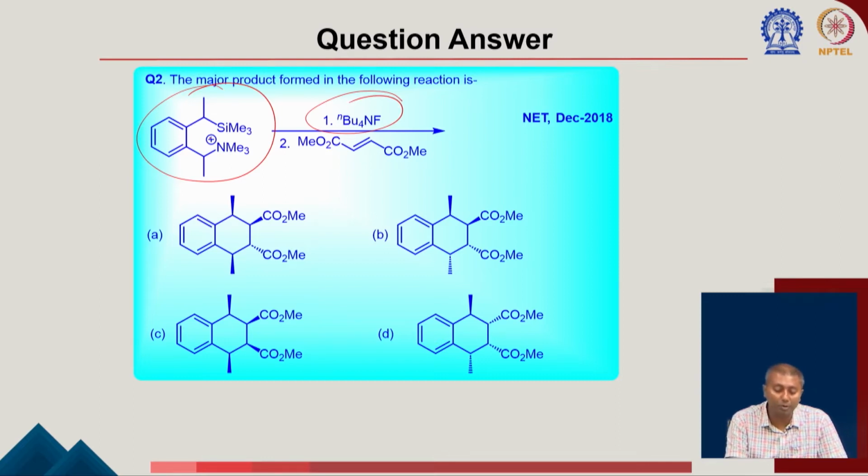If you remember, we talked about how F minus is going to attack the silicon through a pentavalent species. It will form a pentavalent compound at the beginning, and then that will allow cleavage of the carbon-silicon bond to generate the corresponding carbanion, and now you have a leaving group here, NMe3 plus.